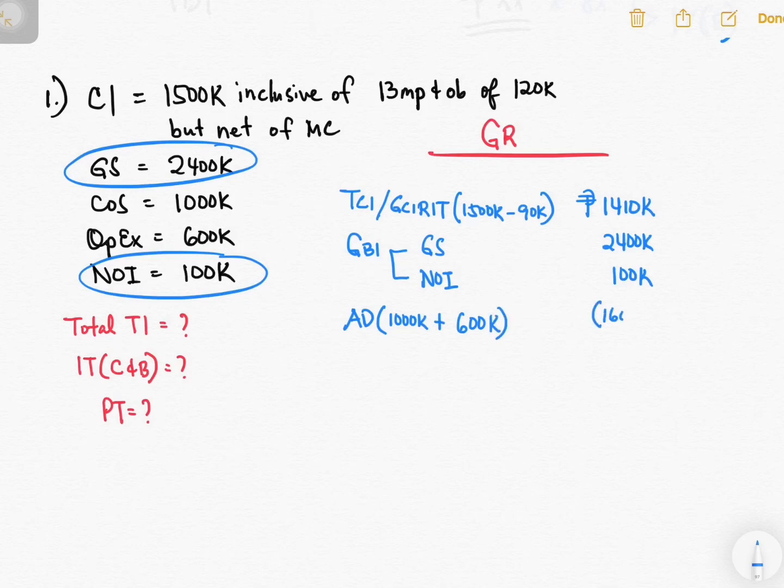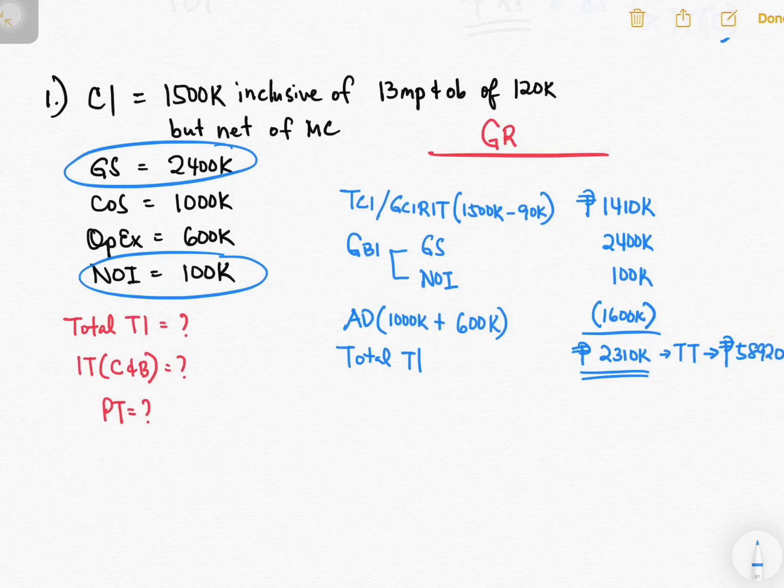So that's 1.6 million to get your total taxable income. Answer is 2,310,000. This is the first requirement. And then after getting this one, you refer to the tax table to get the income tax due. The answer for this one, I computed it already, 589,200.